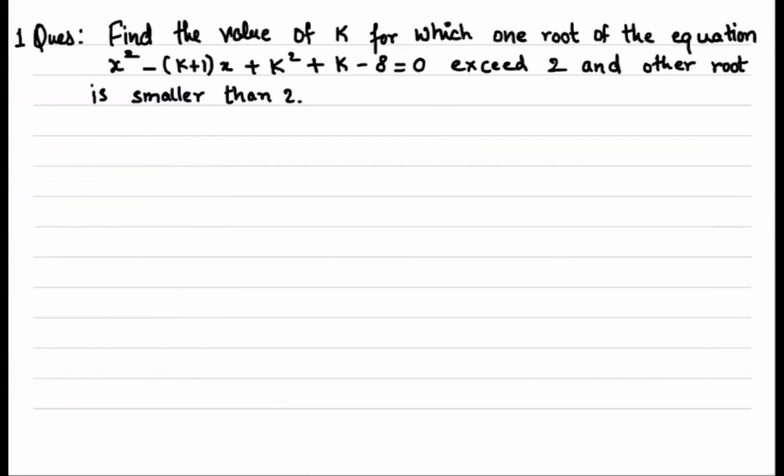Okay. So here we have the first question, which says, find the value of k for which one root of the equation x squared minus (k plus 1)x plus k squared plus k minus 8 equal to 0 exceeds 2 and the other root is smaller than 2. Okay. So as we know, step 1, let's assume that f of x is equal to x squared minus (k plus 1)x plus k squared plus k minus 8.